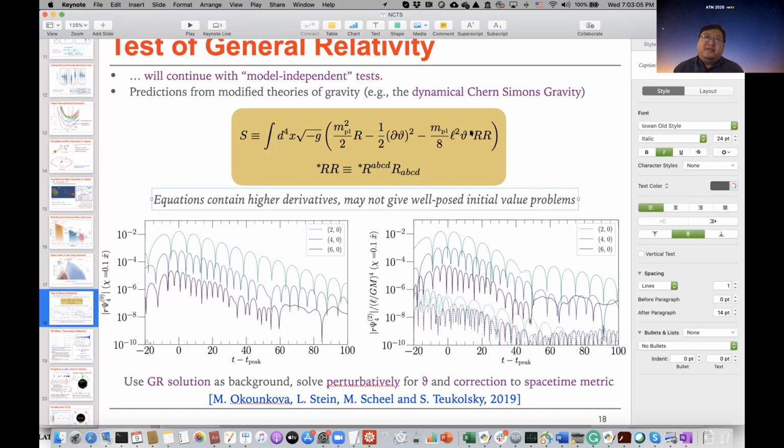On the other hand, if you have a merging binary black hole, you don't want to be completely doing perturbation theory, because even in general relativity, you have nonlinearities within the R term.